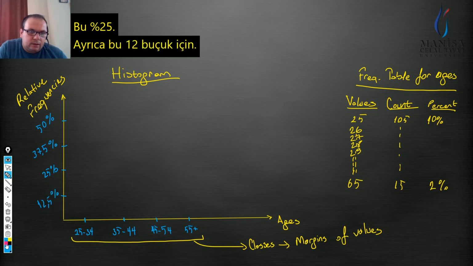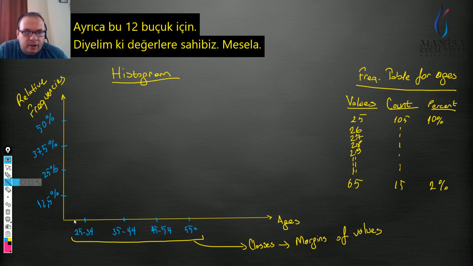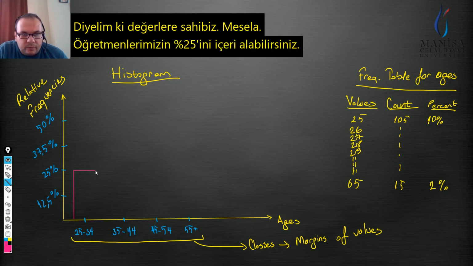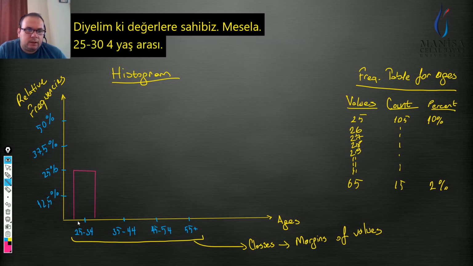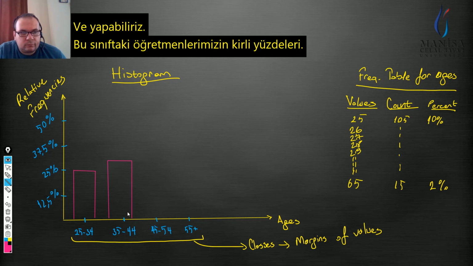Okay, and suppose that we have the values, for example, we can have 25% of our teachers between 25 and 34 years old, and we can have 30% of our teachers in this class, and it makes 55.